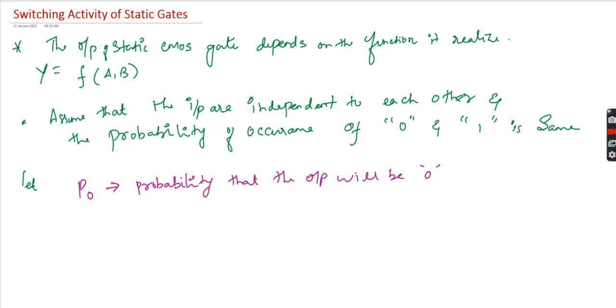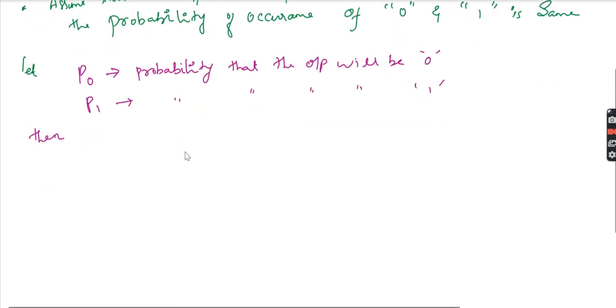P0 is nothing but the probability that the output will be 0. P1 is the probability that the output will be 1. Then the probability of the transition at the output from 0 to 1 is P0 into P1. Since the probability of occurrence of 0 and 1 is the same, the transition probability is P0 times P1.